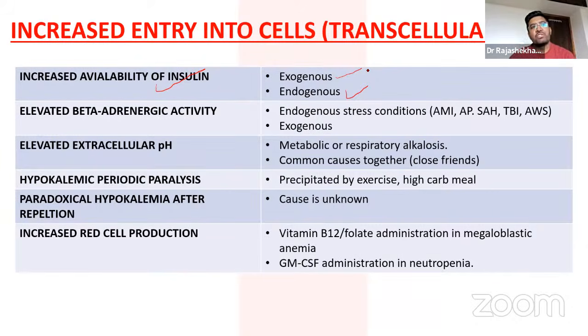For example, exogenous, when the patient has uncontrolled sugars or presents with hyperglycemic emergencies, diabetic ketoacidosis or HHS, where we give the patients IV insulin, this might precipitate hypokalemia. Endogenous, for example, if the patient takes a high carbohydrate load, this can also stimulate insulin secretion from the endogenous pancreas.